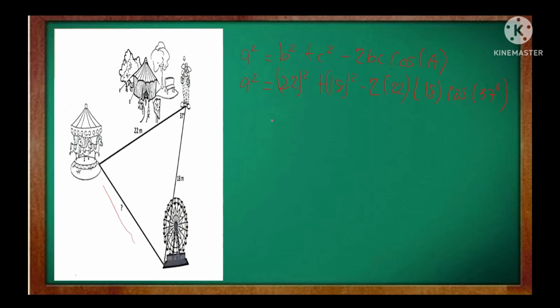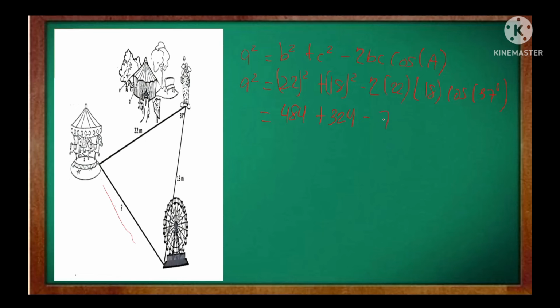So now let's continue the computations. So 22 squared is equal to 484 plus 18 squared is equal to 324 minus 2 times 22 times 18 is equal to 792.